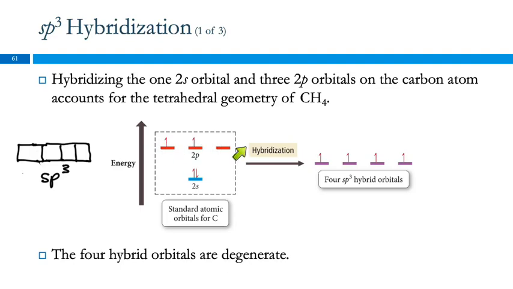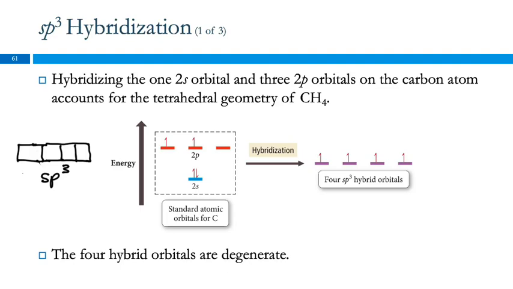So the p orbitals were up here, the s orbital was down here. When we hybridize them together, we make them all the same energy. That's called degenerate. They're all the same energy. They're all going to have the same shape, but the shape's going to be distributed around like the p orbitals were, distributed equally in 3-dimensional space.